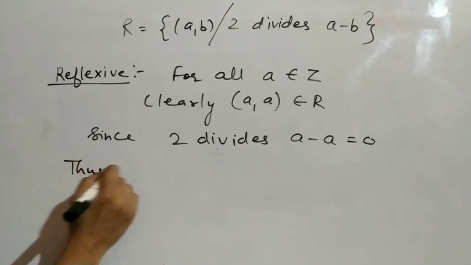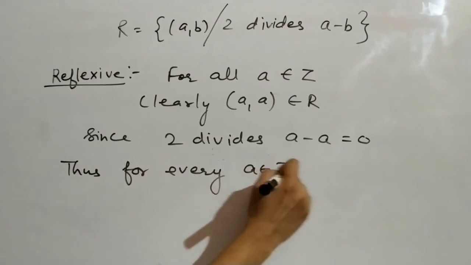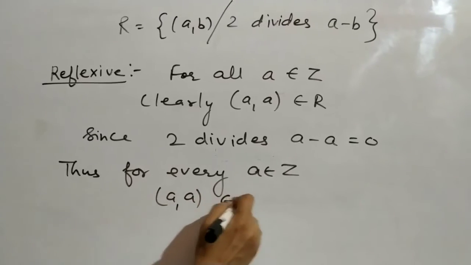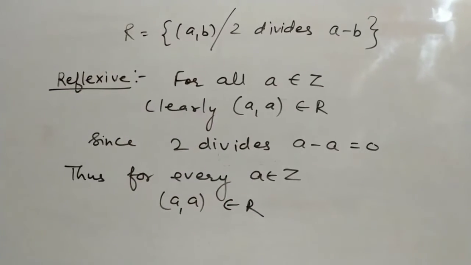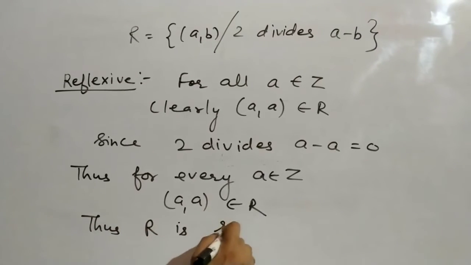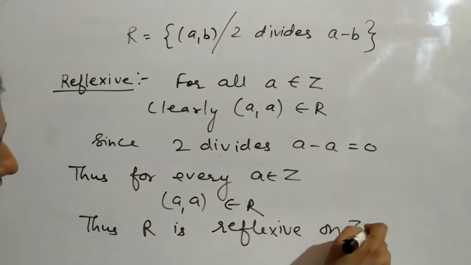Thus, for every a belongs to given set Z, a comma a belongs to R here. Thus, R is reflexive on Z.